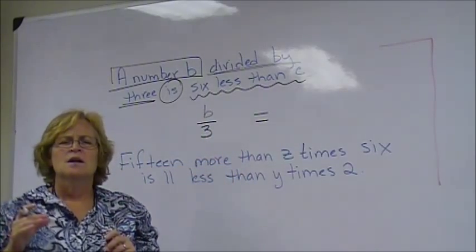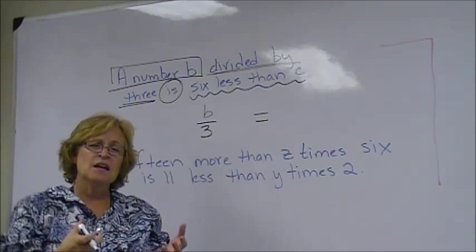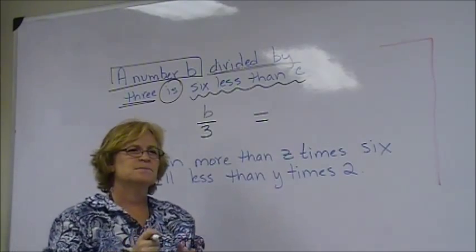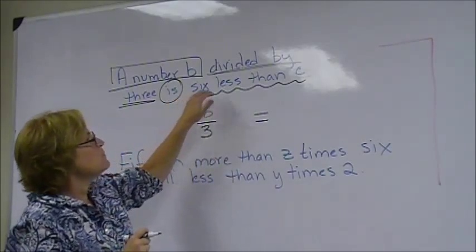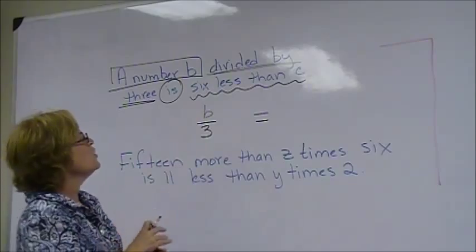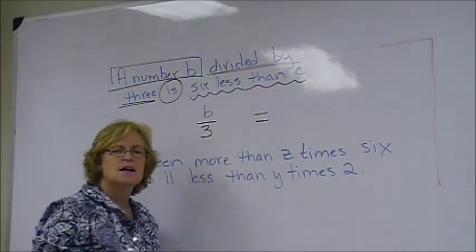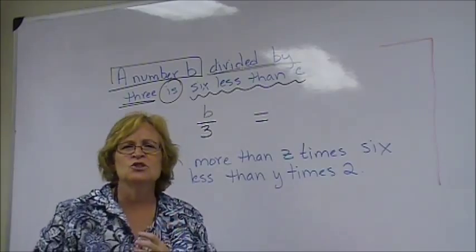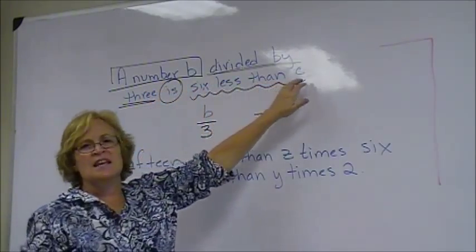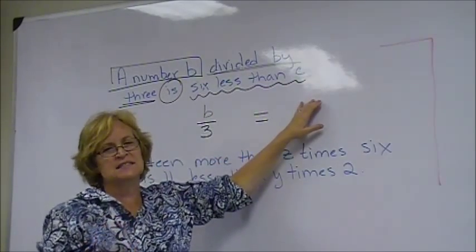Ooh. So, do I have something? This is probably the most difficult because if you read it and you just write it down, you would think it would be 6 and then less than means subtraction than c. But let me read it to you differently. I have c and the value over here is 6 less than c.